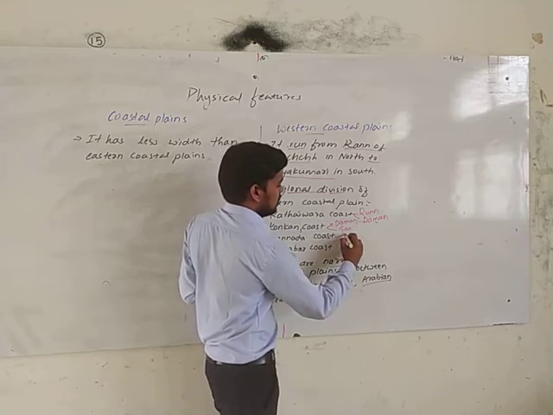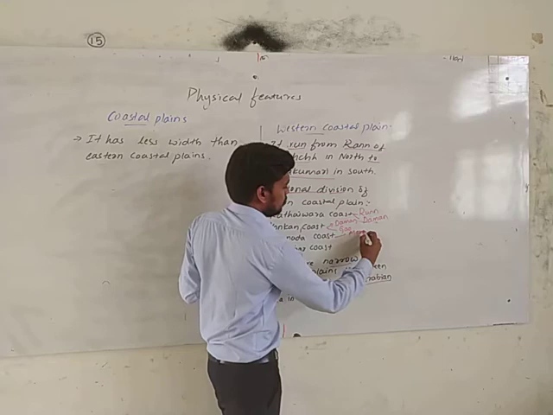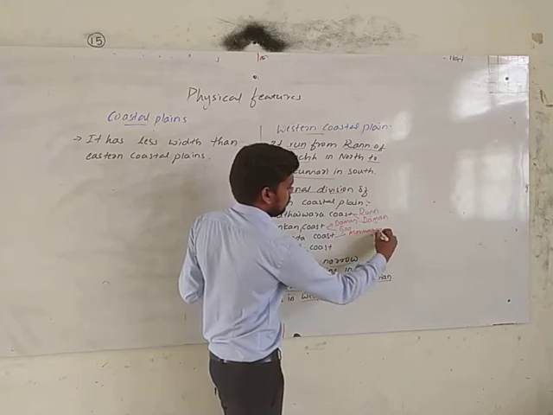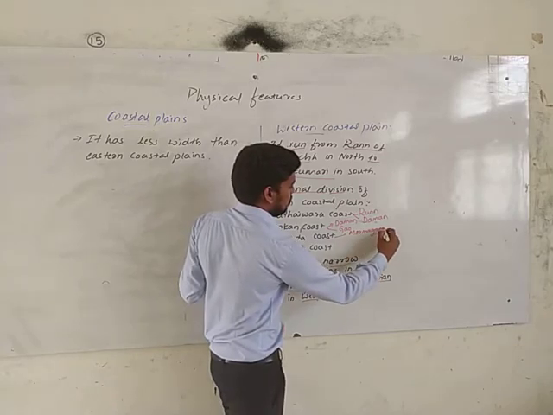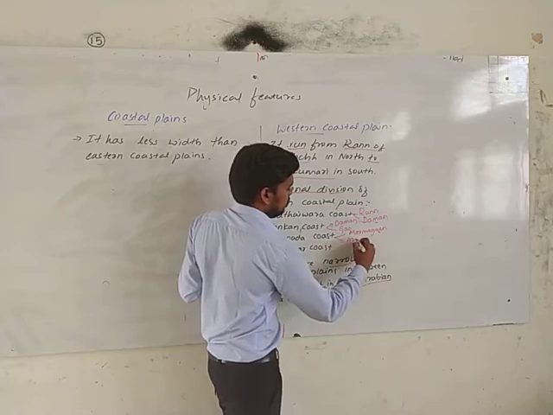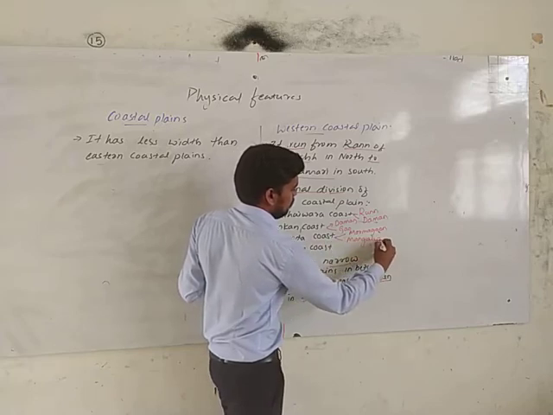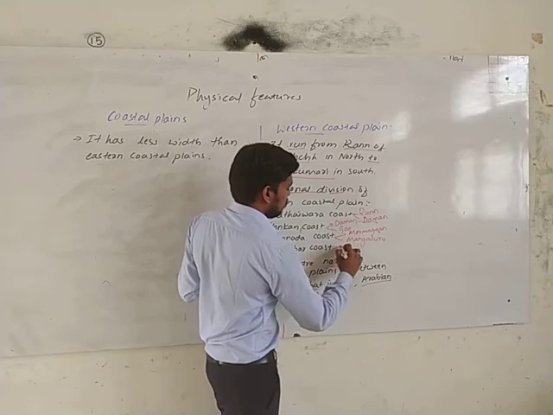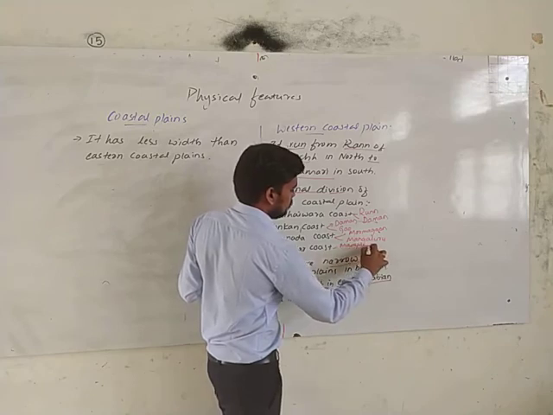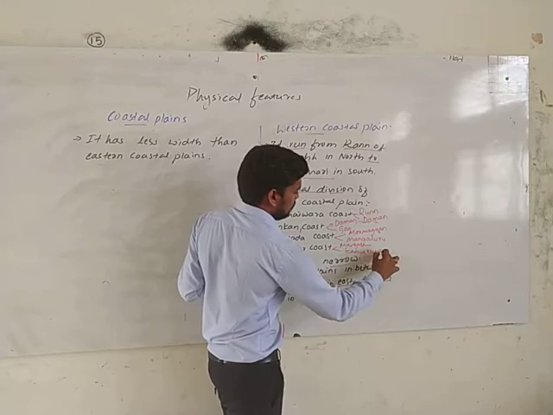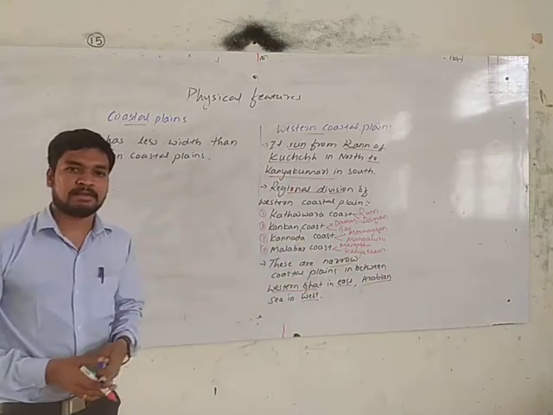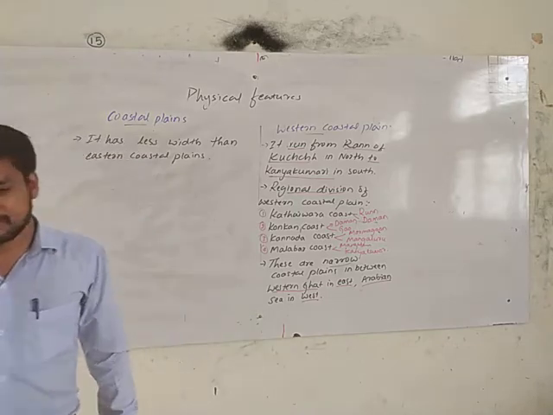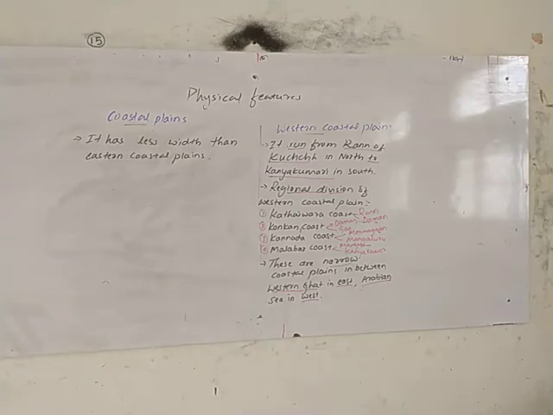The Kannada coast from Marmagaon to Mangaluru. The Malabar coast from Mangaluru to Kanyakumari. Is it visible there? Not for you people. I'll explain them.